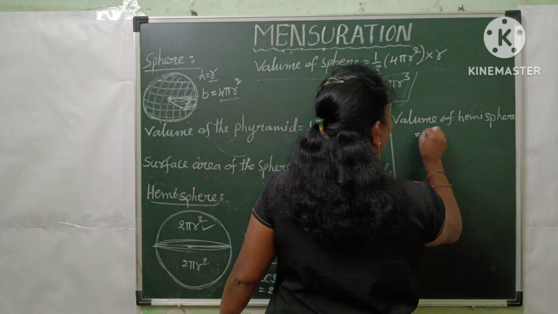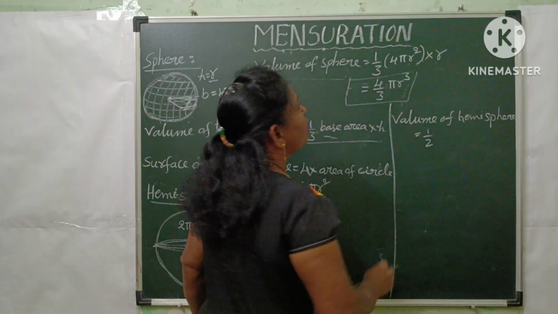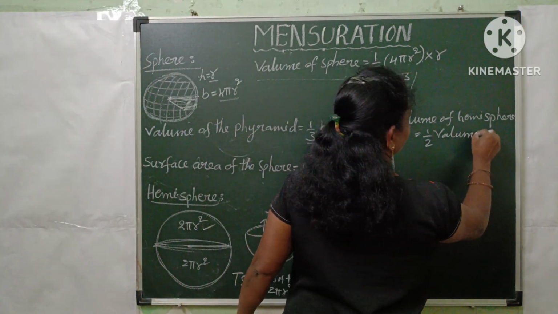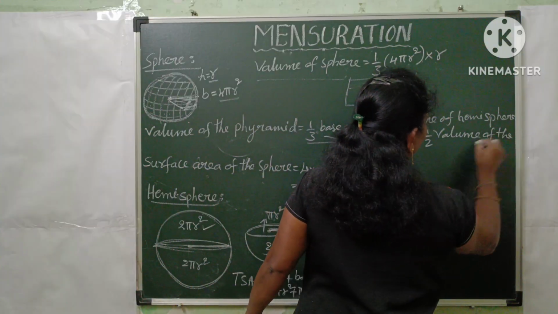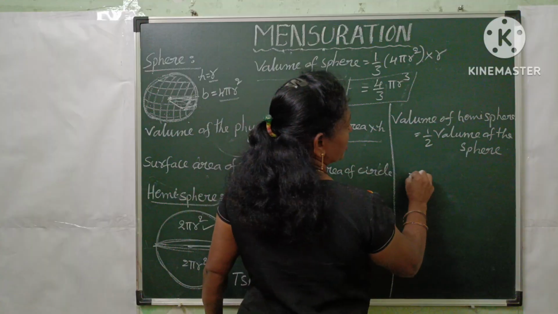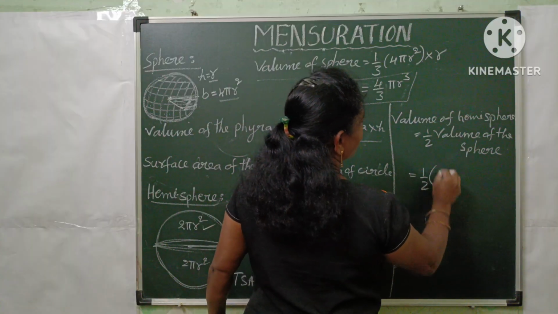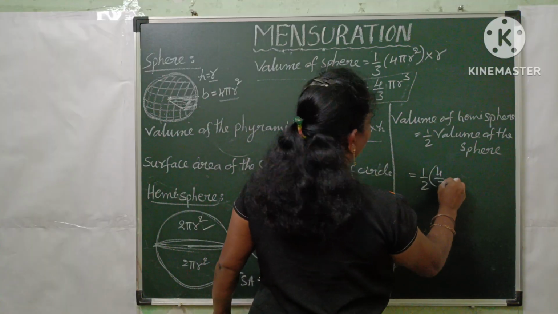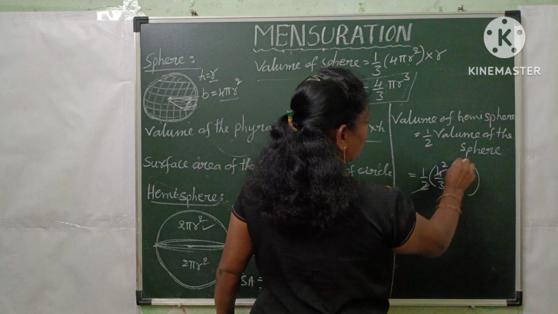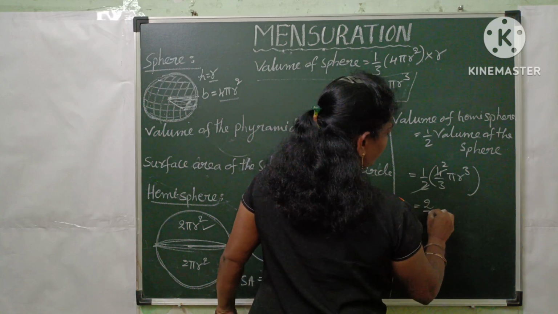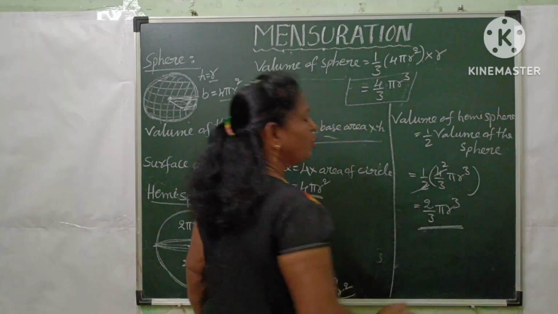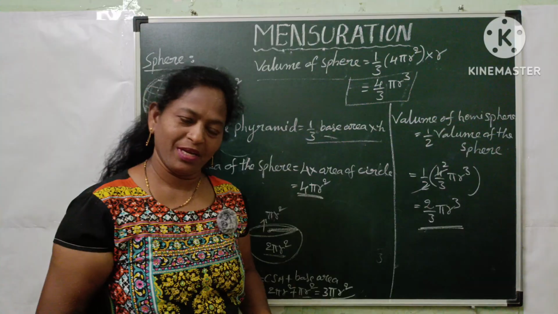Volume of hemisphere equal to half into 4 by 3 pi r cube. That is equal to 2 by 3 pi r cube. This is the volume of the hemisphere.